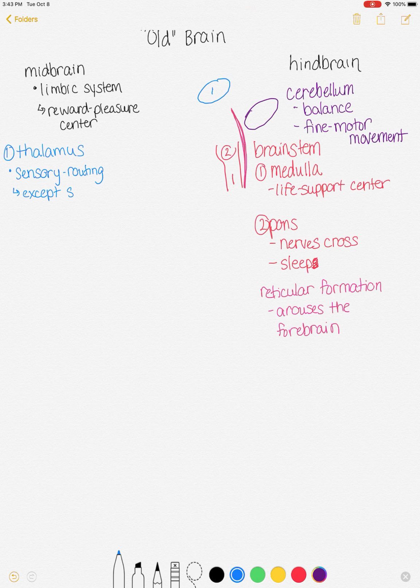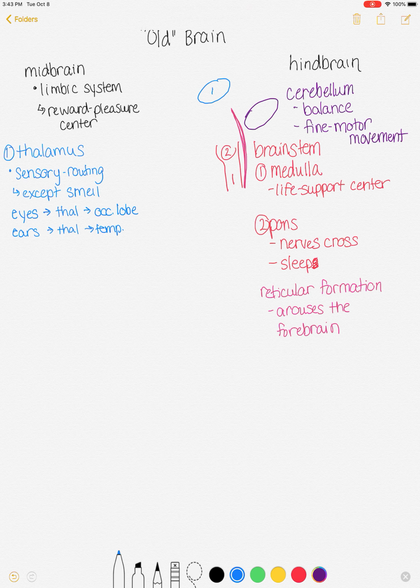So as an example, it's going to go from my eyes to the thalamus to the occipital lobe. Okay, another example, ears, thalamus, temporal lobe. Okay, and those are just two examples to help us understand what the thalamus does. So all senses except smell will go through the thalamus.